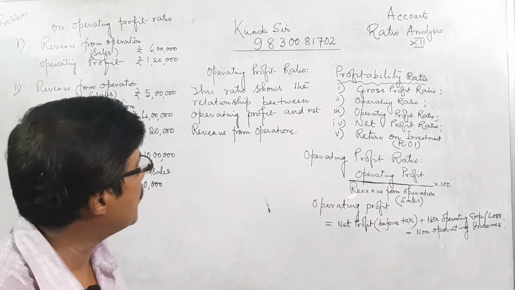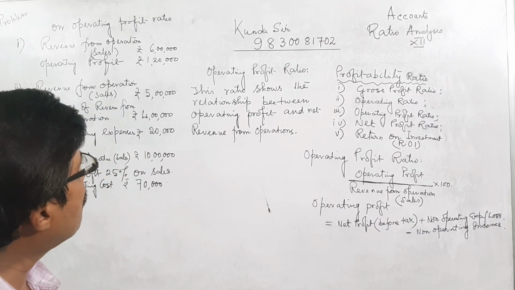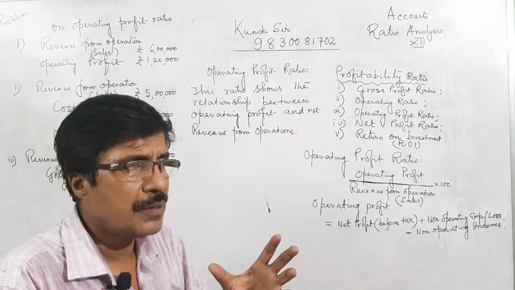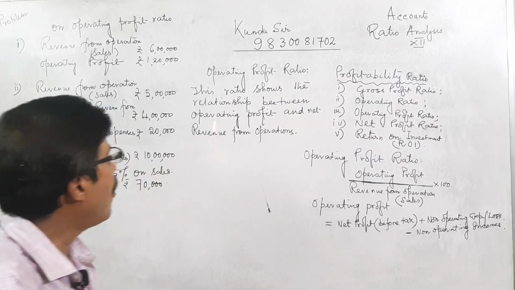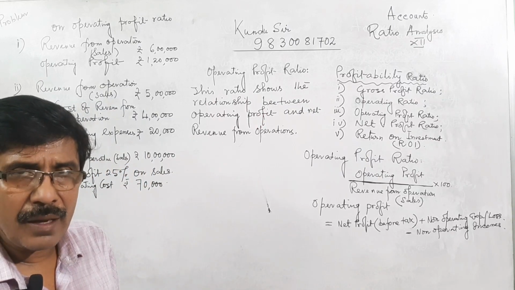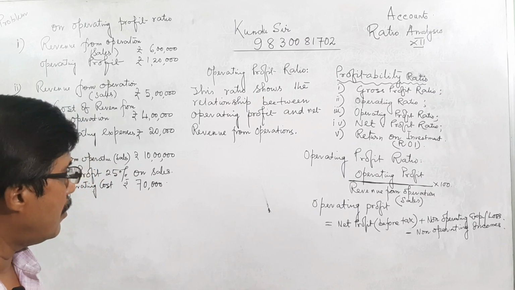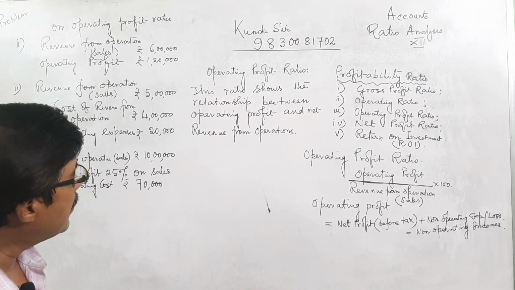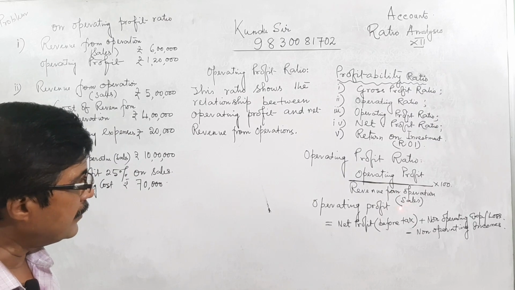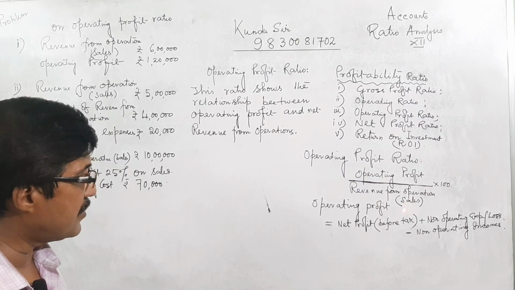Operating profit ratio is the ratio shows the relationship between operating profit and net revenue from operation. Operating profit by net revenue from operation, that is equal to net sales.